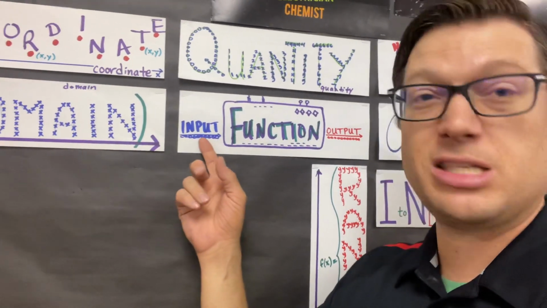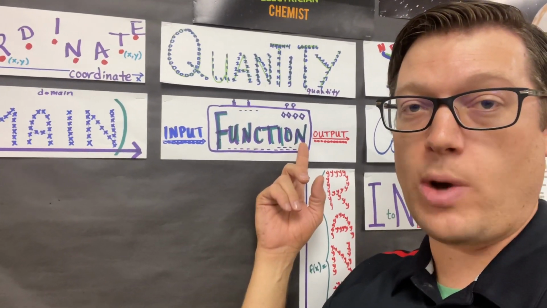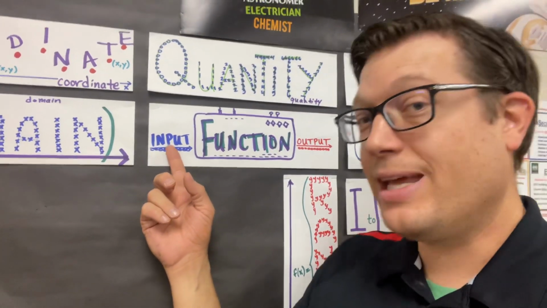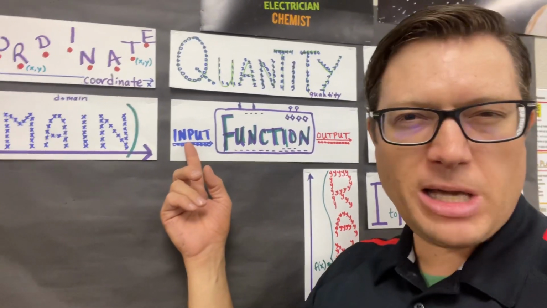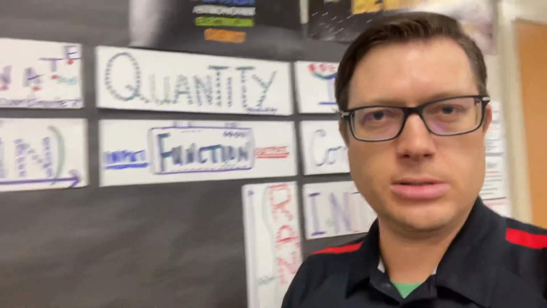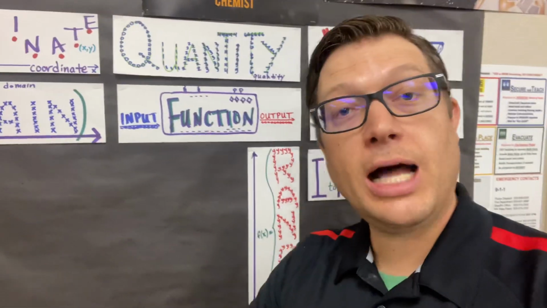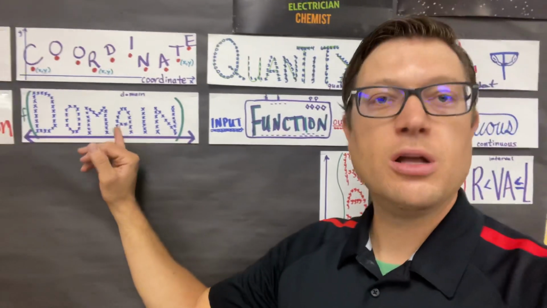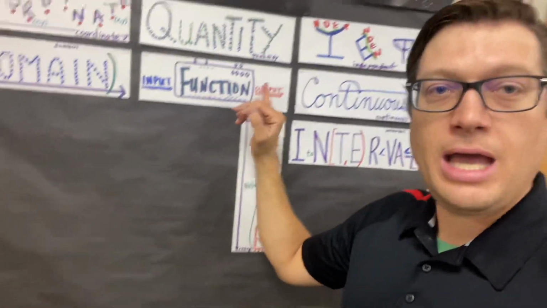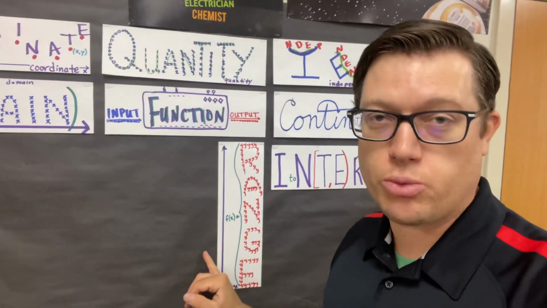If you put in a smiley face, you always get a square. If you put in a smiley face again, you always get that square. If you put a smiley face in and you get a letter X, like that example, it won't work. Last of all, domain, because the inputs are referenced as domains, and the outputs are referenced as ranges.